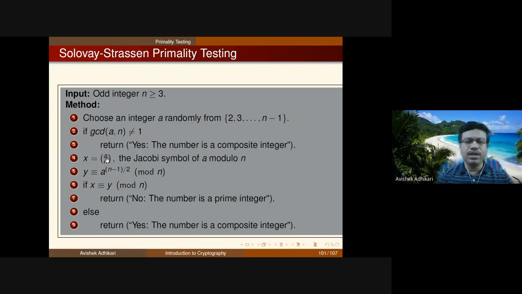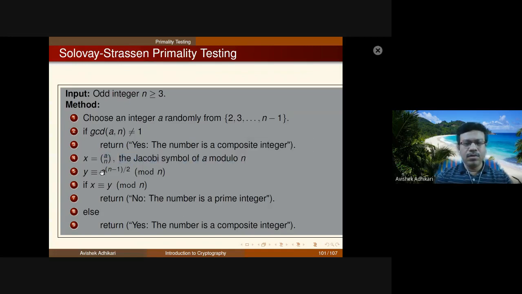As a result, you can calculate the Jacobi symbol because n is an odd integer and the GCD of a and n is 1. So you can calculate this Jacobi symbol. As I mentioned, by using the law of quadratic reciprocity, you can certainly calculate the Jacobi symbol.